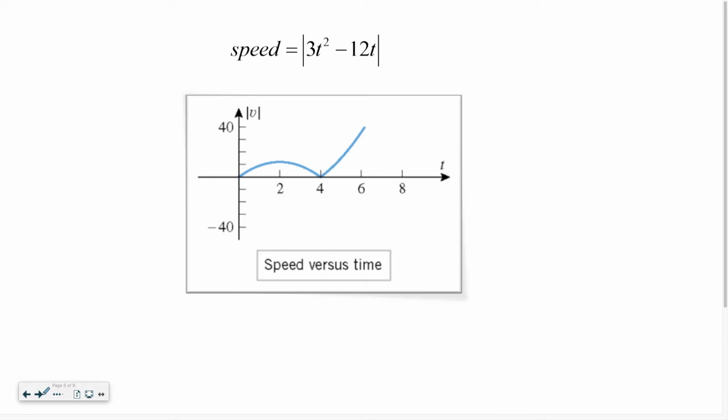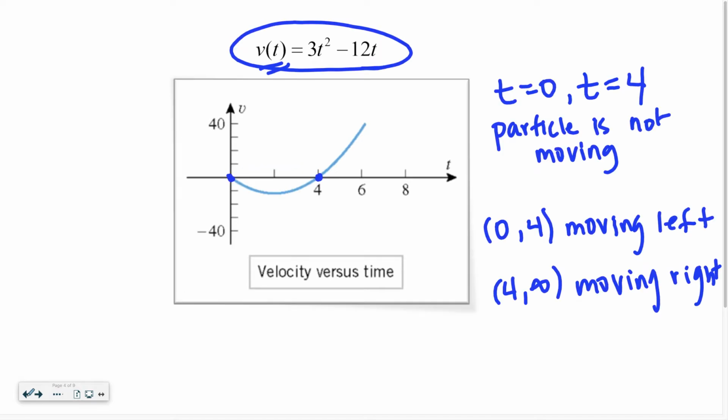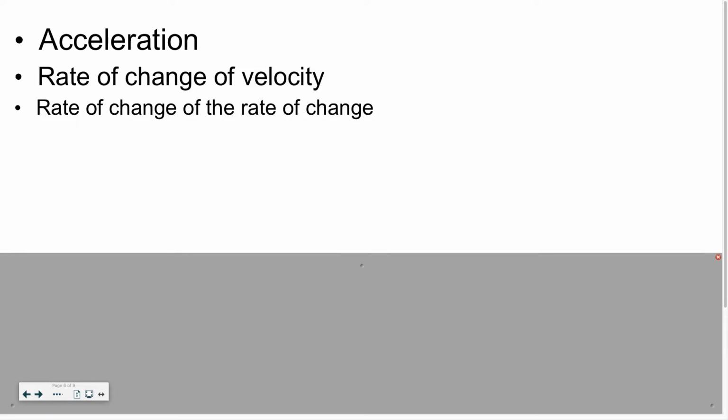Now, let's go back to our velocity, 3t squared minus 12t. Okay, Chris, what would the derivative of this equal? 6t minus 12 would then describe our acceleration.